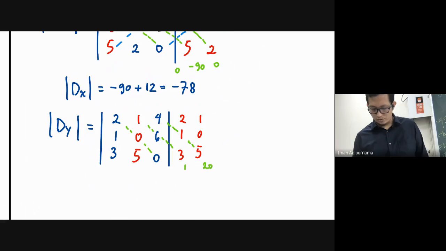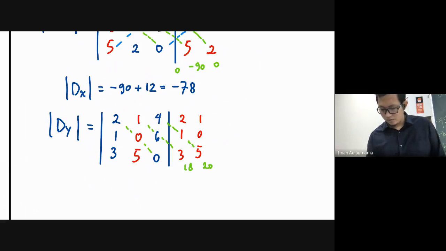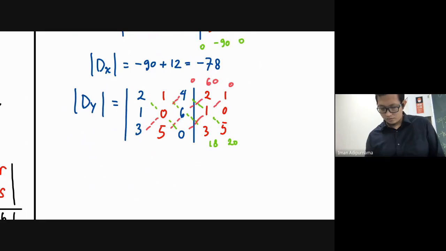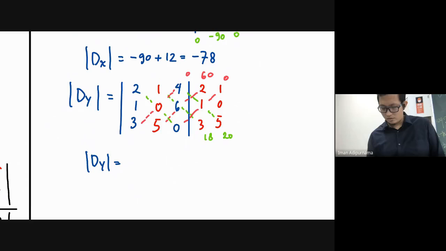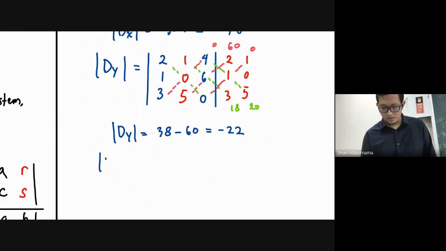Is 20, 18, and the other is 0, 60, and 0. So dy is 38 minus 60, right? This is negative 22. One more, dz.